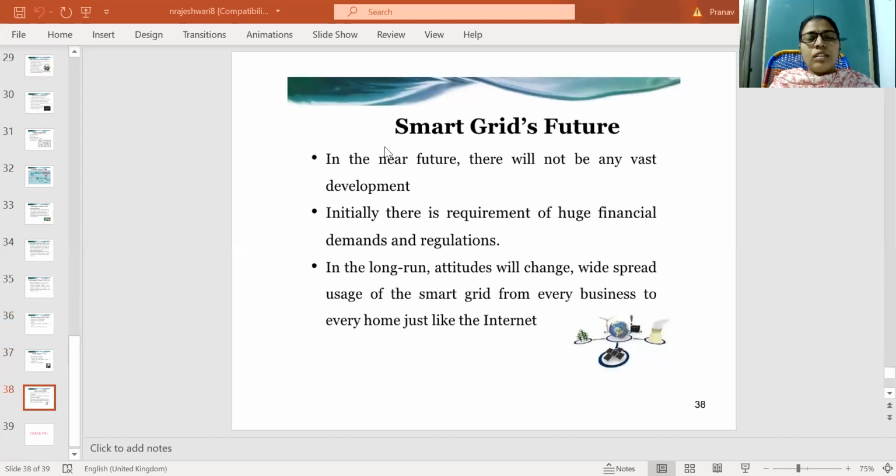Coming to the smart grid's future scope, in the near future there will not be any vast development. Initially, there is a requirement of huge financial demands and regulations. In the long run, attitudes will change, and there will be widespread usage of the smart grid from every business to every home, just like the internet.